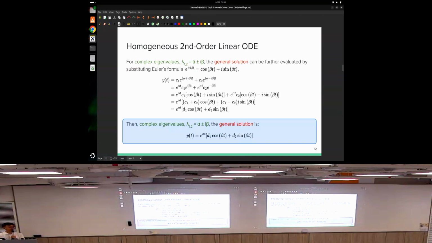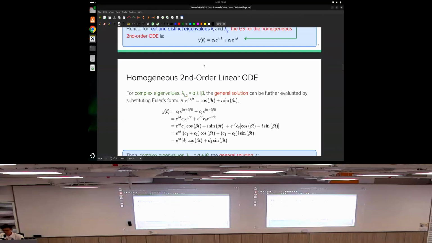Next, we dealt with real and distinct eigenvalues. What about complex eigenvalues? Complex ones are confirmed distinct, but they are not real, they are complex. The complex eigenvalues always occur in conjugate pairs, alpha plus or minus i beta. So what is the general solution? Actually, the general solution is the same as what we have here.